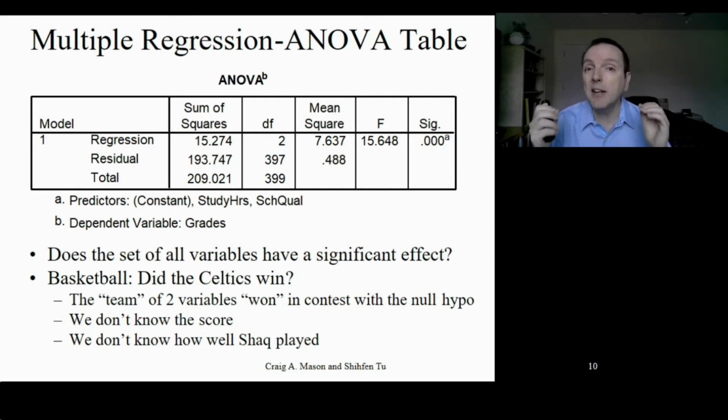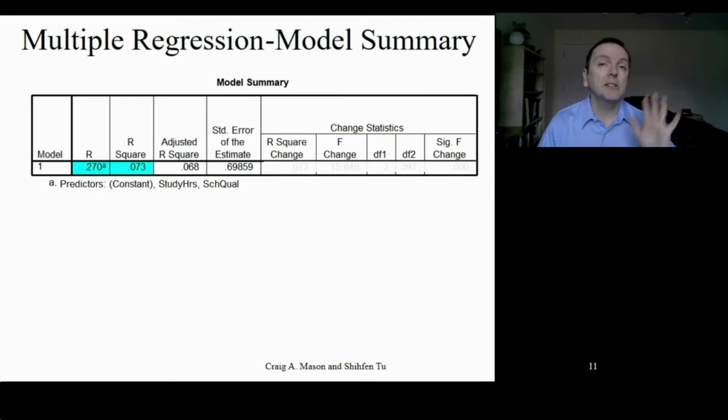It tells us nothing about our individual variables. Was this all due to how many hours students studied, or was it primarily due to the school quality or some combination of the two? We just don't know.